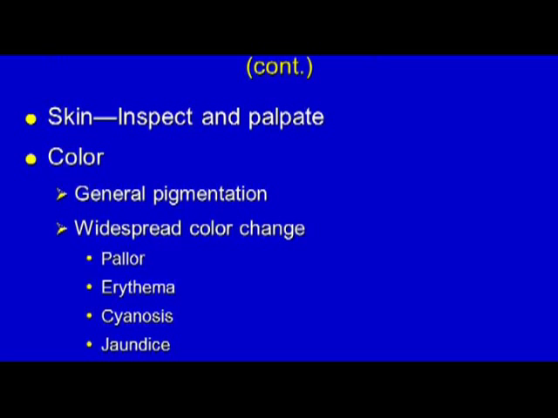Or is this a problem with jaundice? If a person's skin has that yellow hue, they may have either liver or gallbladder problems that would cause jaundice and problems with bilirubin. So those are the 4 different things you're going to be learning about.